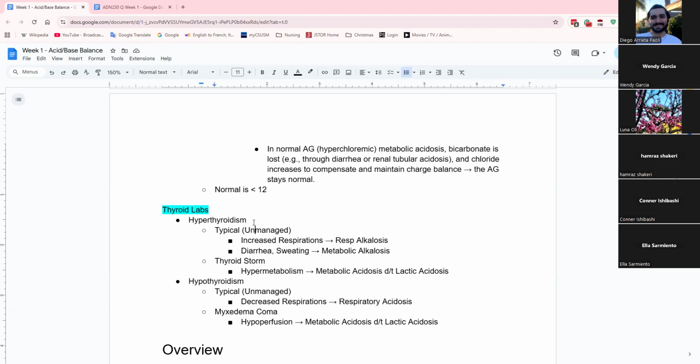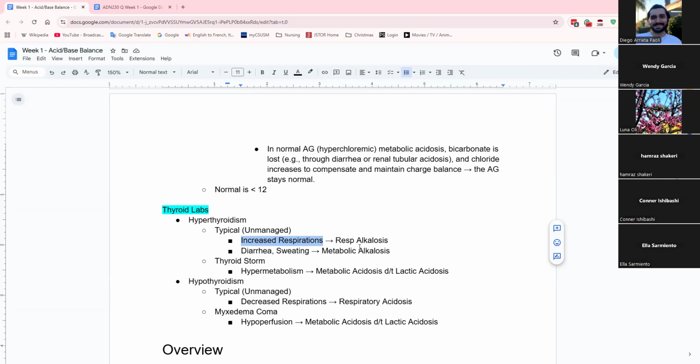So if you are unmanaged, but not to a severe extent to the point where somebody is having a thyroid storm, an increase in respirations will lead to you breathing out more carbon dioxide than would be normal, because you still want some carbon dioxide in your body to maintain normal levels of your blood pH, in which case you then go into respiratory alkalosis. So your pH is more basic due to a respiratory cause.